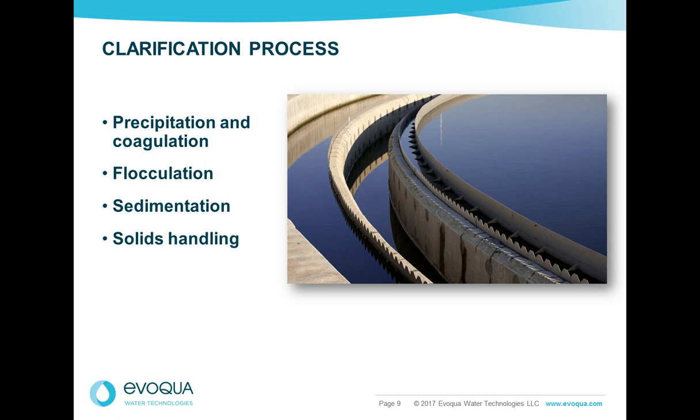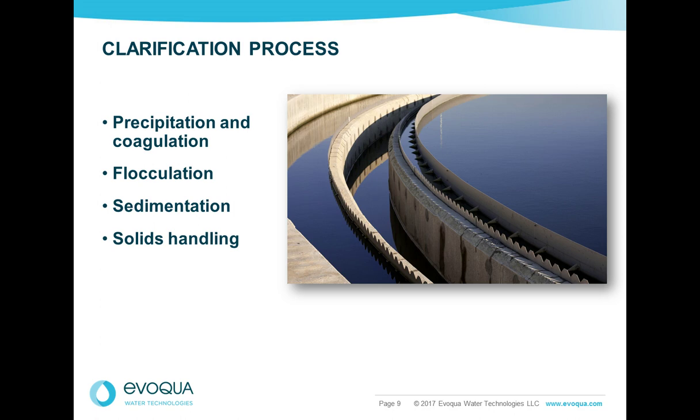The clarification process itself may include several steps: formation of solids by precipitation, promotion of coagulation and flocculation, and that's often assisted by chemical conditioning or the physical handling within the clarifier itself, and then followed by the separation of the solids by gravity sedimentation. Ultimately, the purpose of clarification is to remove the subtle solids.